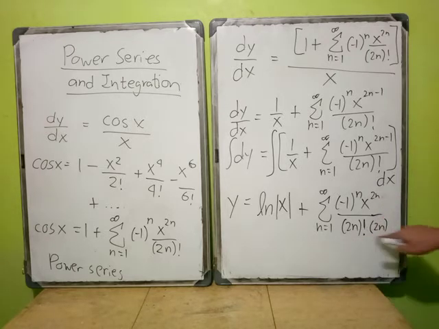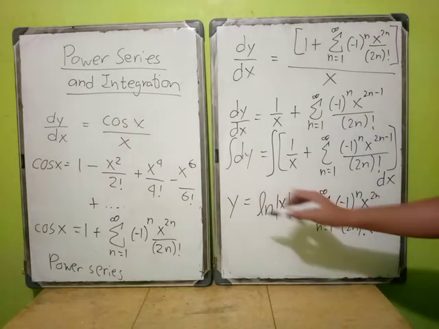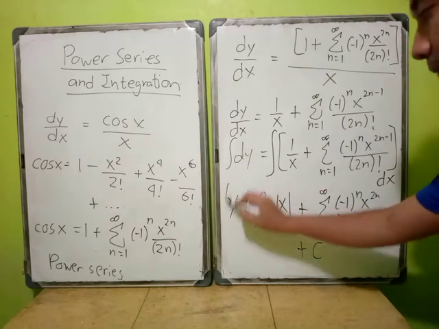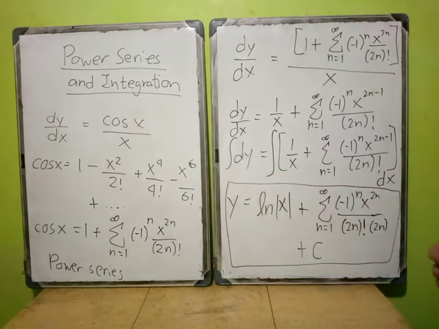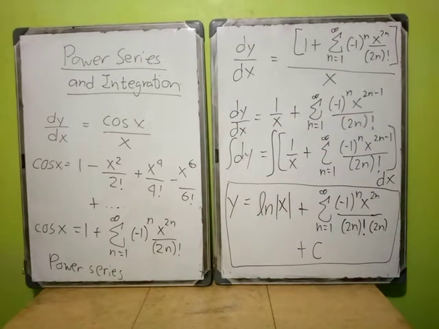You cannot multiply this one because it is under factorial, so it is in factorial form. Then plus C. This will be your answer. So take note of how we do it. Therefore, we can use power series in order to solve some of the non-elementary functions such as this differential equation.